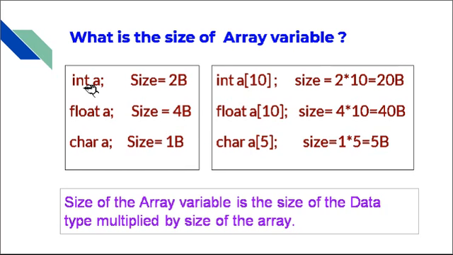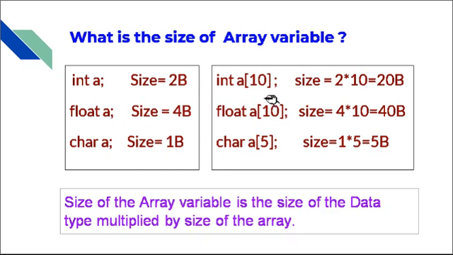It is capable of holding only one integer element. So its size is 2 bytes. In the same way, float A: one variable, one location. Size of the location is 4 bytes. Char A, the size of the char data type is 1 byte. So here the size of the location A is 1 byte.